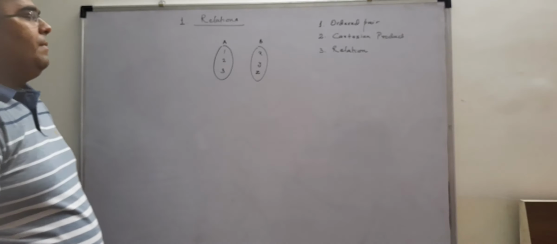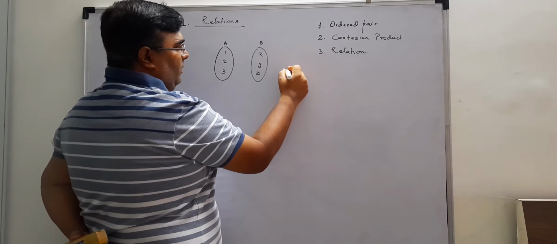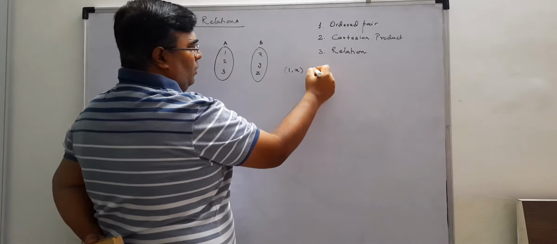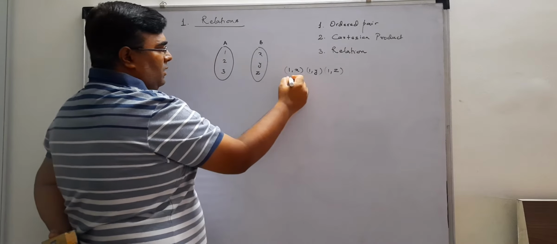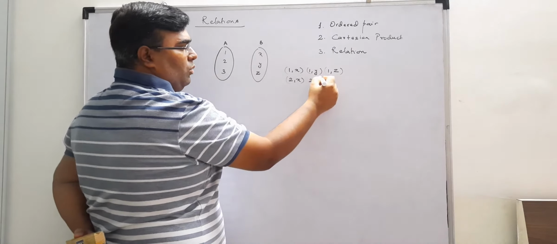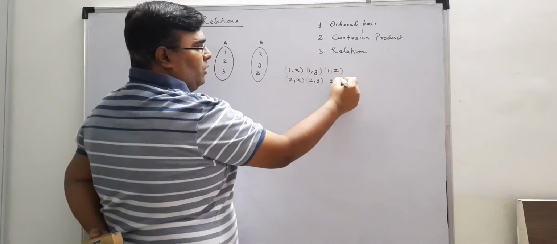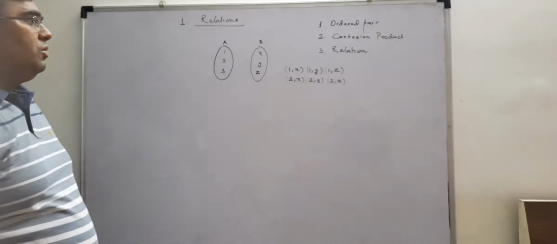So if we say the ordered pair of A and B, it will be like 1x, 1y, 1z. Similarly 2x, 2y, 2z, and we can write it for 3 also.